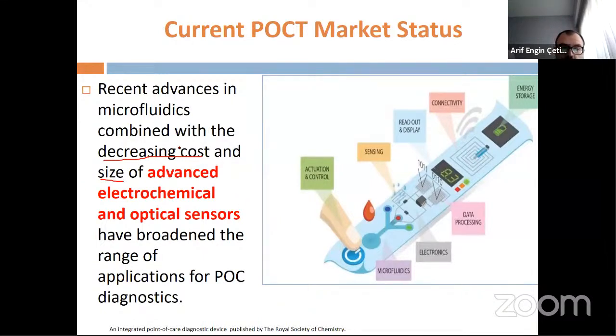So decreasing the cost of microfluidics and integrating this technology with advanced electrochemical or optical sensors broadened the range of application of the POCTs, which means we have more POCT devices that could be used for more disease screening.